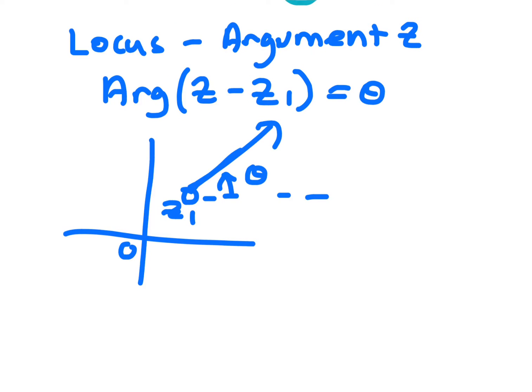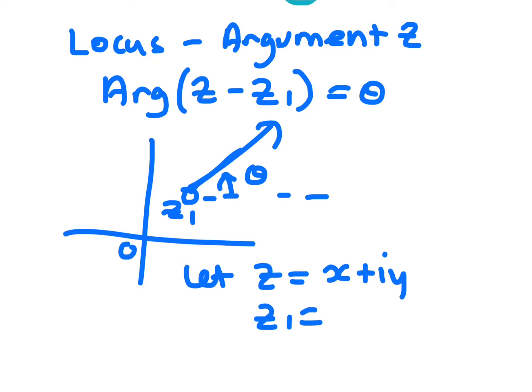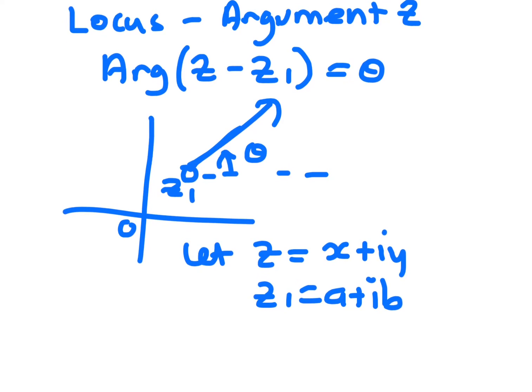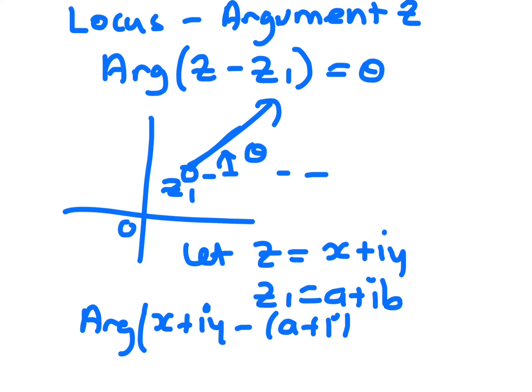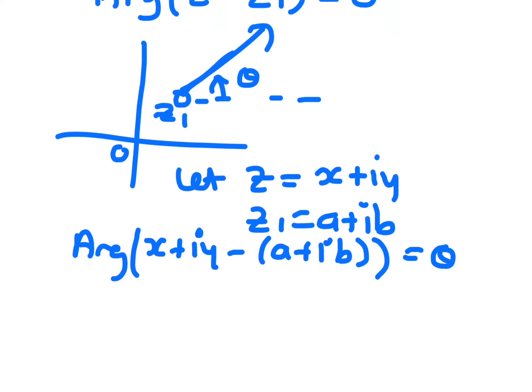So if you look at this from scratch and you let z equal x plus iy, and z1, just let that be a plus ib, then that would be the argument of x plus iy minus (a plus ib) equals theta.